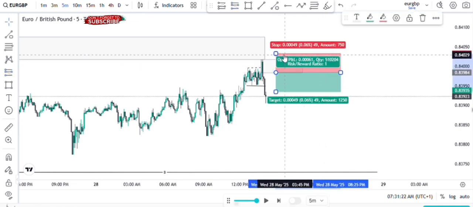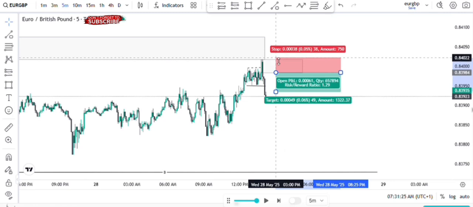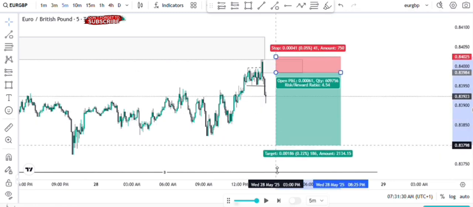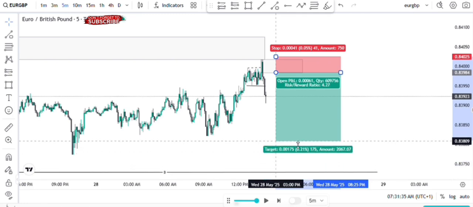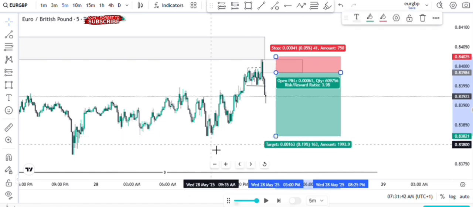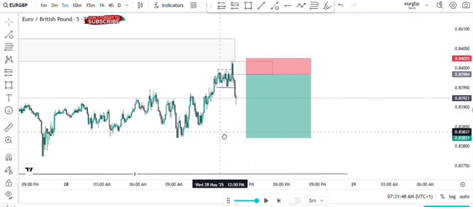Our stop loss should be a little bit above the order block, and our take profit should be here, which is 1 to 6.5. But first, we should take our partial right here, at 1 to 3.98 from this swing low. Now let's mark this off as our first take profit.